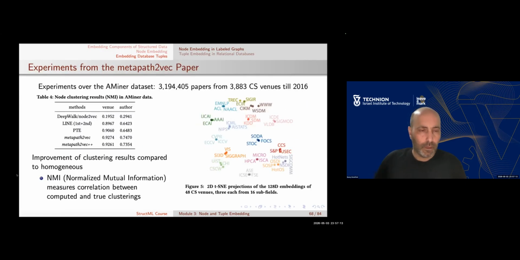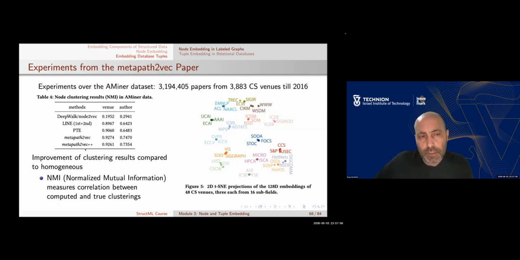Now they tried their algorithm on this scientific publication data set, AMiner, several millions of papers and thousands of computer science venues. They try it on node clustering. They start with the real labels, giving several clusters of papers, venues and authors, and they compare the clustering they get by first embedding and then clustering the resulting vectors to the original clusters.